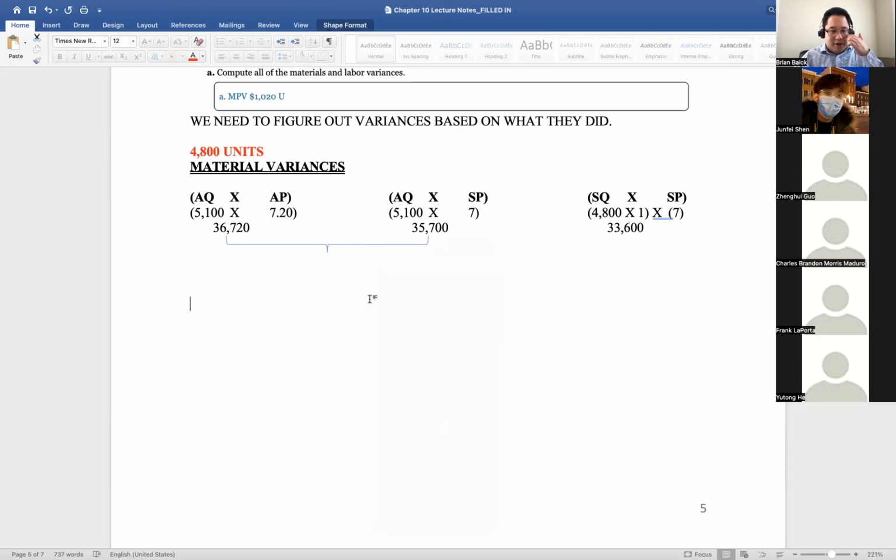And then we're going to get a variance between the second number and the third number, right? And then we're going to get a variance between the first number and the last number.